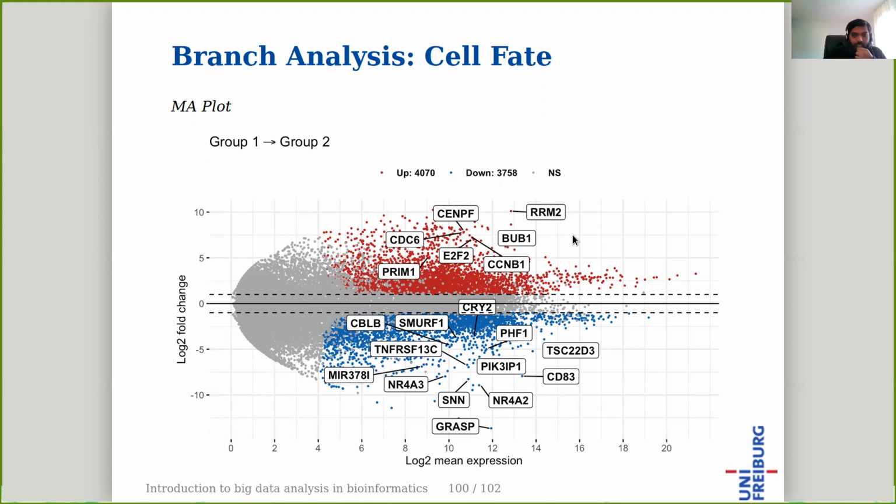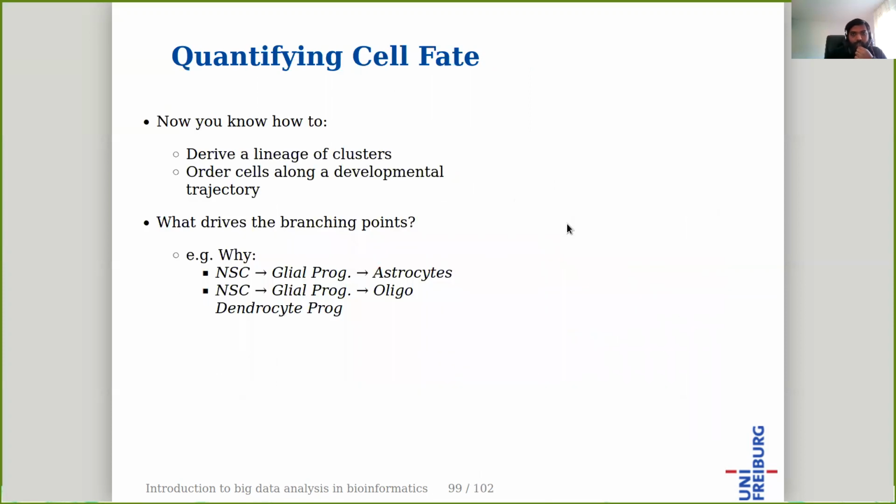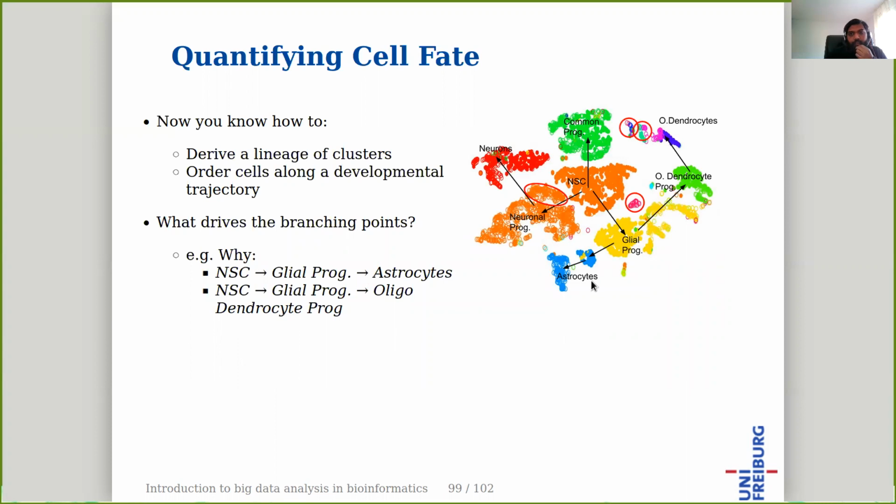Then we investigate what is happening in the whole transcriptome, what are the changes in the gene expression when we transition from group 1 to group 2, one cluster to another. So maybe there is some gene which is very important. Let's say this RRM2, which has to be expressed to take the decision that glia progenitors produce astrocytes instead of oligodendrocytes.